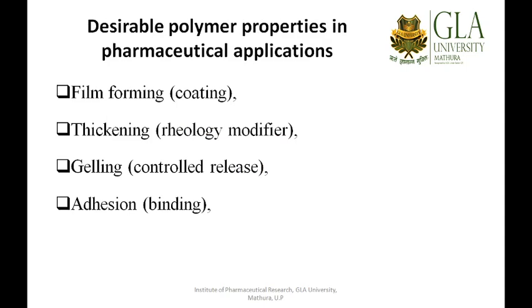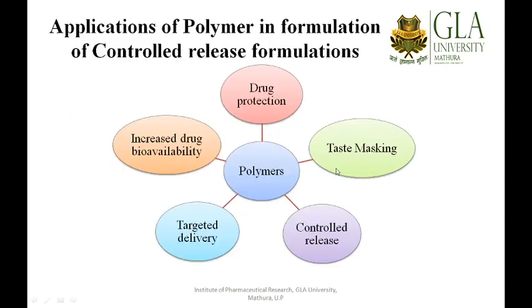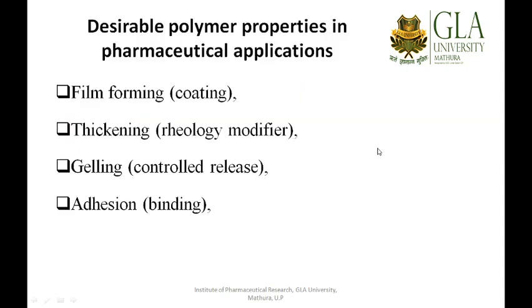If we are trying to mask the bitter taste of a particular drug, like caffeine, we are looking for a polymer which has the property of film forming, so that we can coat a layer of polymer over that particular drug.